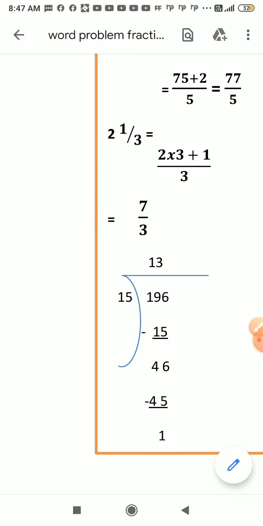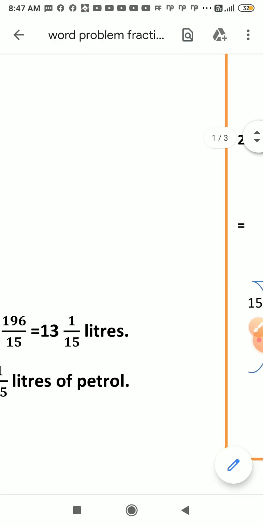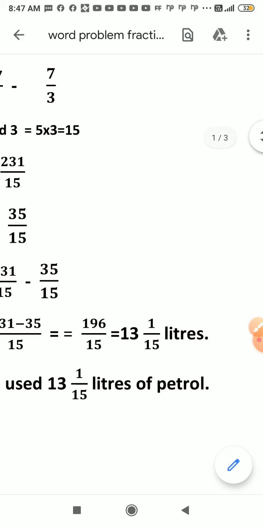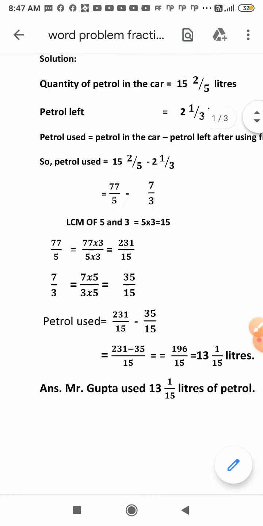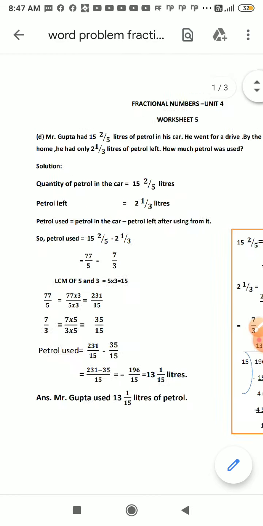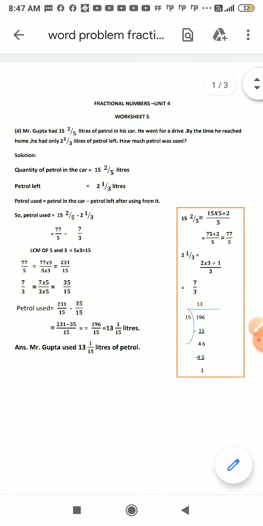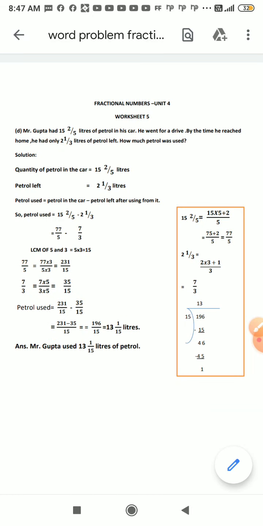So this is 13 1/15. So we write 13 1/15 liters of petrol used. Mr. Gupta used 13 1/15. So now students, you have to note down this whole solution into your copy. You may pause this video here and note down the solution before going to the next question.